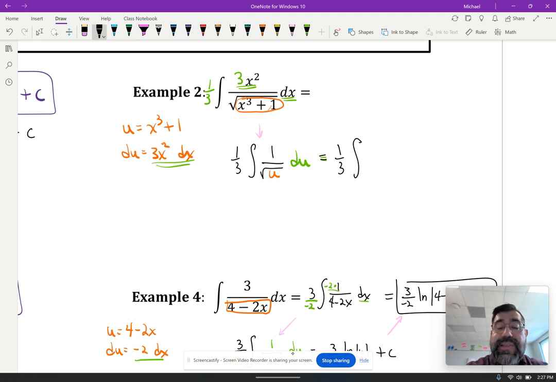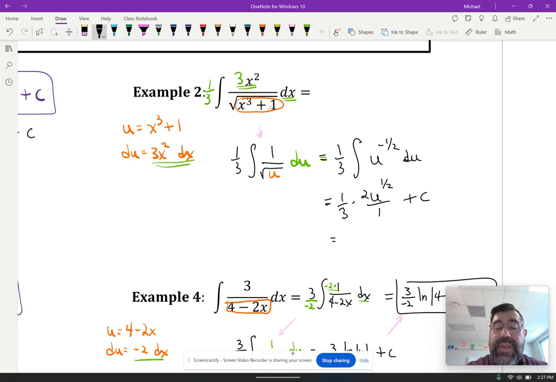This is not the antiderivative. 1 over the square root of u is u to the negative 1/2. And now I'm going to take the antiderivative. So the antiderivative says constant times, add 1 to the exponent, divide by the new exponent, plus c.